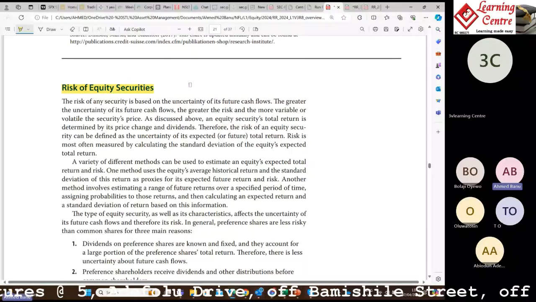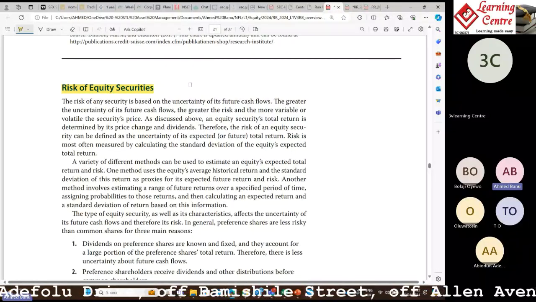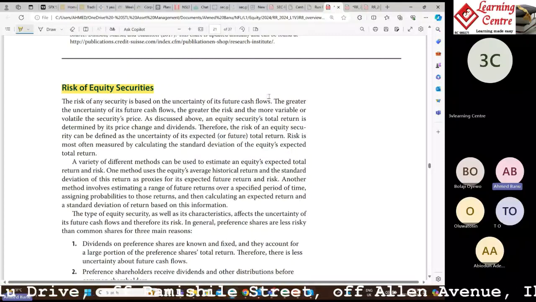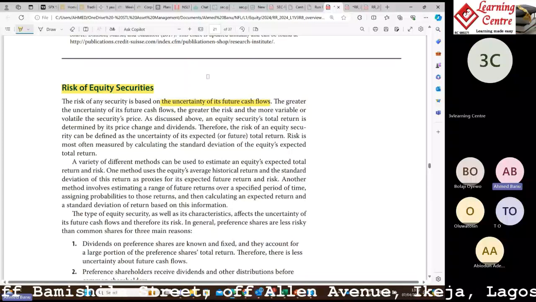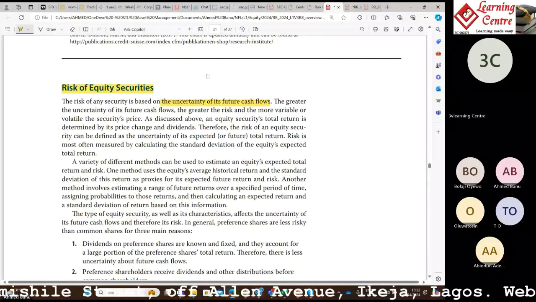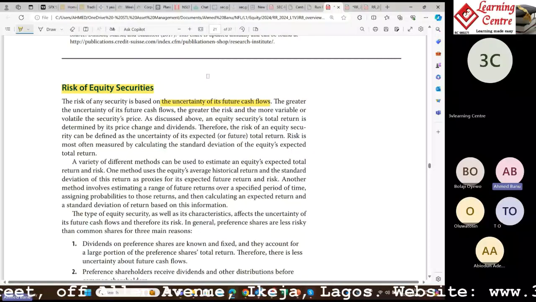The risk of any security is based on the uncertainty of future cash flows. I always say this all the time. The risk that you face is the uncertainty of future cash flow. So the more uncertain the future cash flows, the larger the risk.